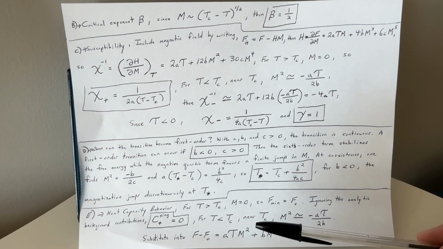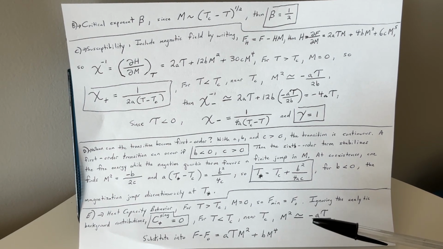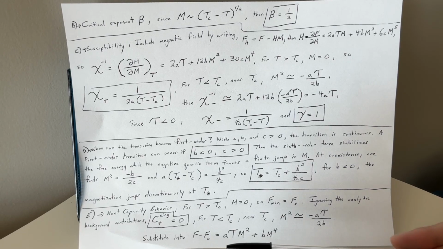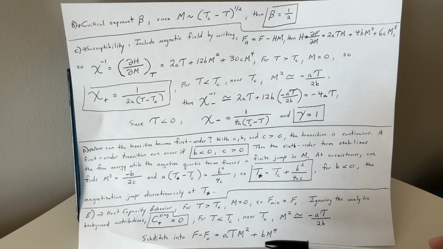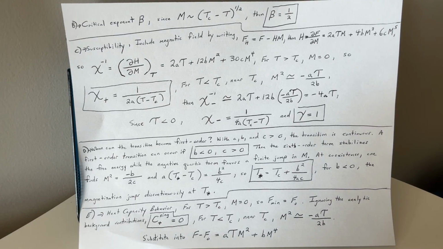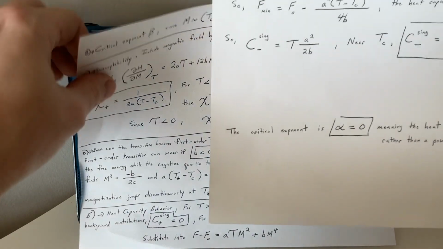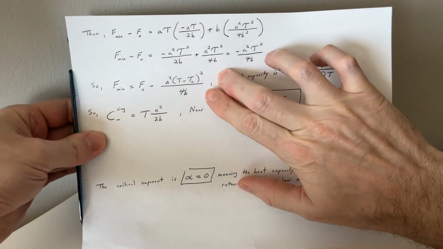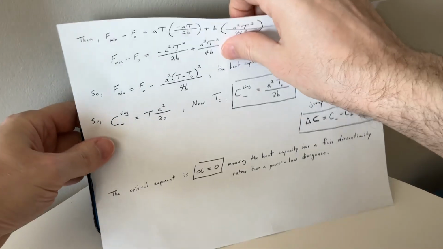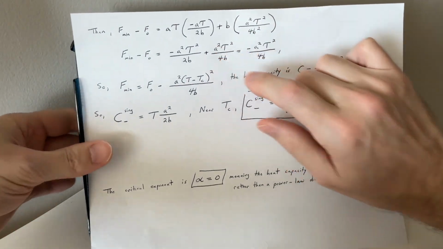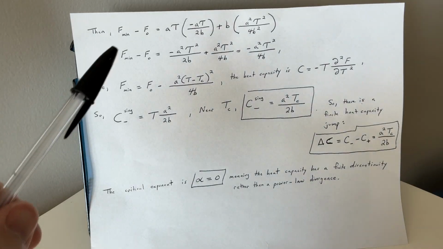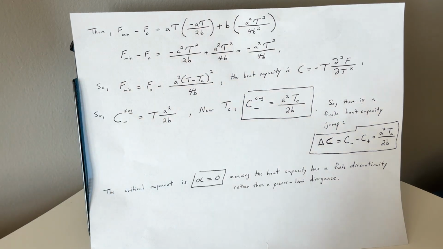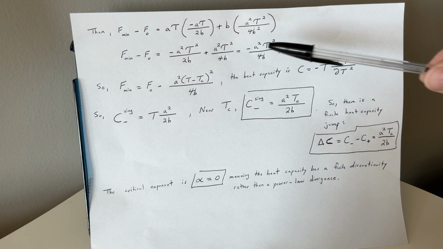For T less than T sub C, near T sub C, M squared is approximately equal to negative A tau over 2B. Substituting into F minus F naught, that equals A tau M squared plus B M to the fourth. And continuing with this, F sub min minus F naught equals A tau times the quantity negative A tau over 2B plus B times the quantity A squared tau squared over 4B squared.